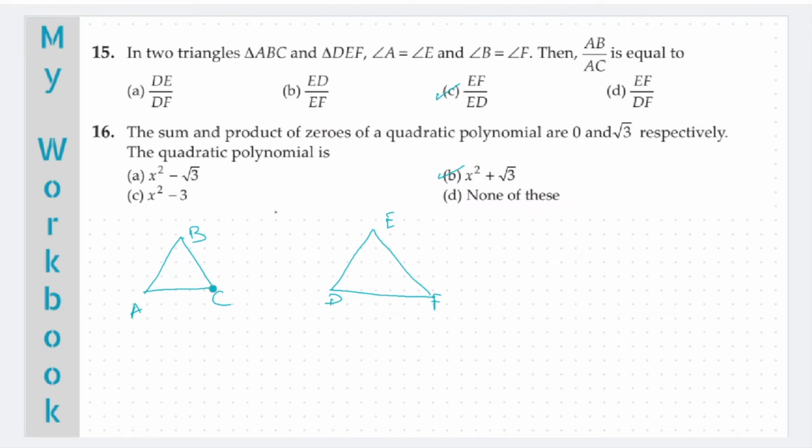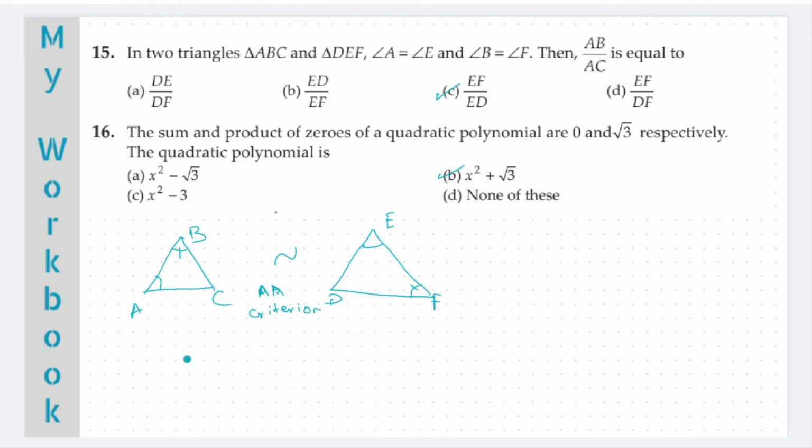It's given that angle A is equal to angle E, angle B is equal to angle F. Now, in two triangles, when two pairs of angles are equal, then we can say that the two triangles are similar by AA criterion, angle criterion.